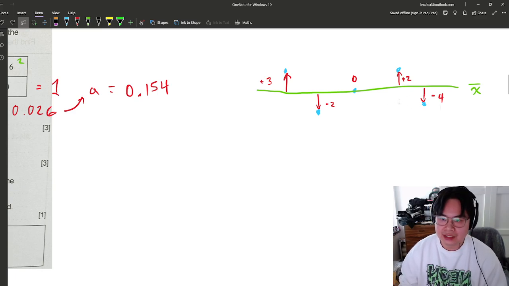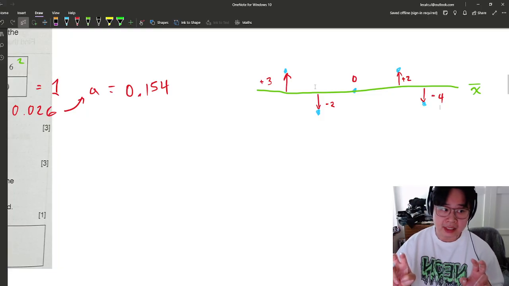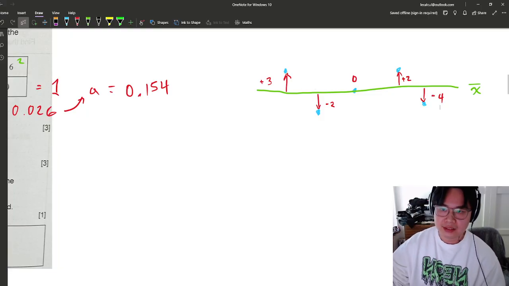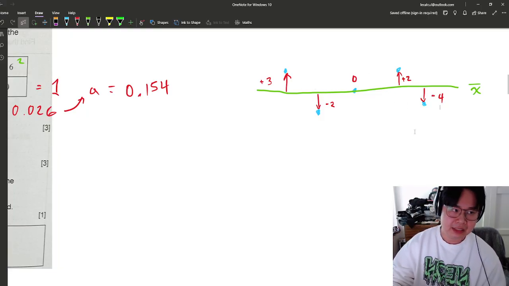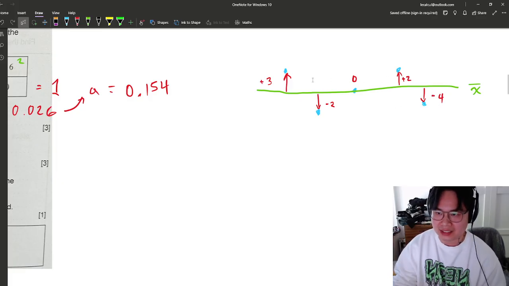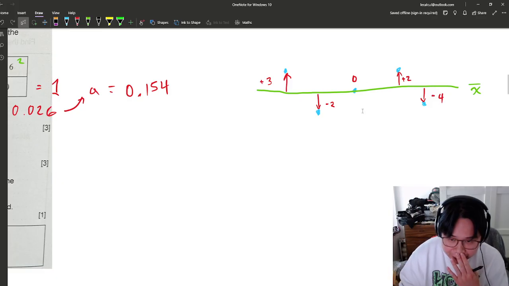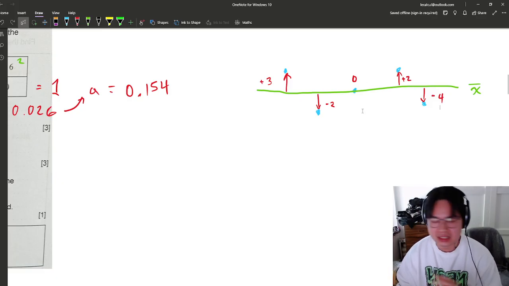Now, what you could do is say, okay, what's the average distance away from the center, the mean itself, right? What's the average of these? If you were to do that and just calculate a straight up mean, some numbers are negative, some numbers are positive.